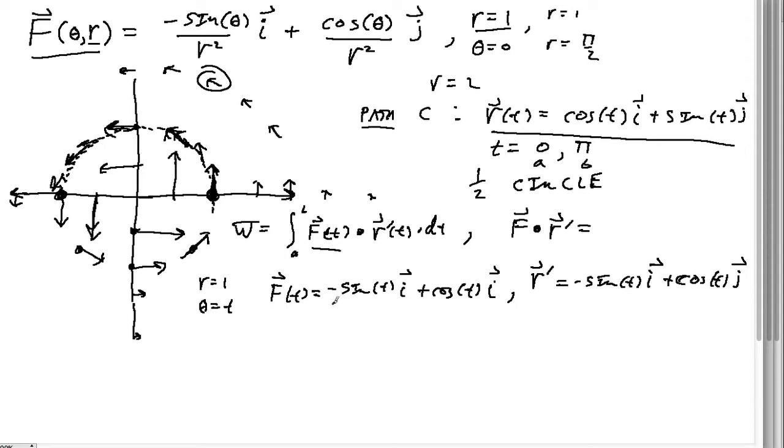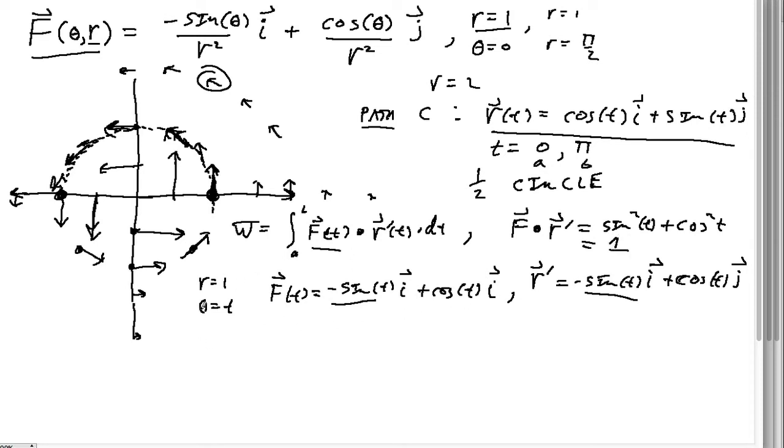Okay, so good. So now f dot r prime will be, if we multiply them together, we multiply the x components. Negative sine times negative sine becomes a positive sine squared t, plus cosine times cosine is going to be cosine squared t. All right, so I said this is a simple example. Sine squared plus cosine squared, of course, is 1.